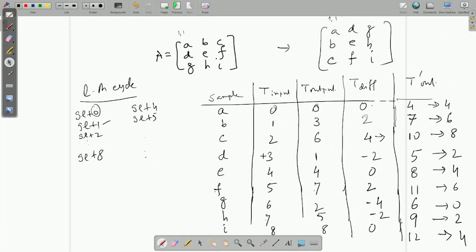Then D. D is read as before at cycle 3, that is 9L plus 3, but the writer will write it when the writer finds it in this position, that is 9L plus 5. Okay, 9L plus 4, 9L plus 5. So, D is 5, that is 1 plus 4, you can see it that way also, 5. So, read in cycle 3, written in 5, so the difference is 2. Earlier the difference was minus 2.